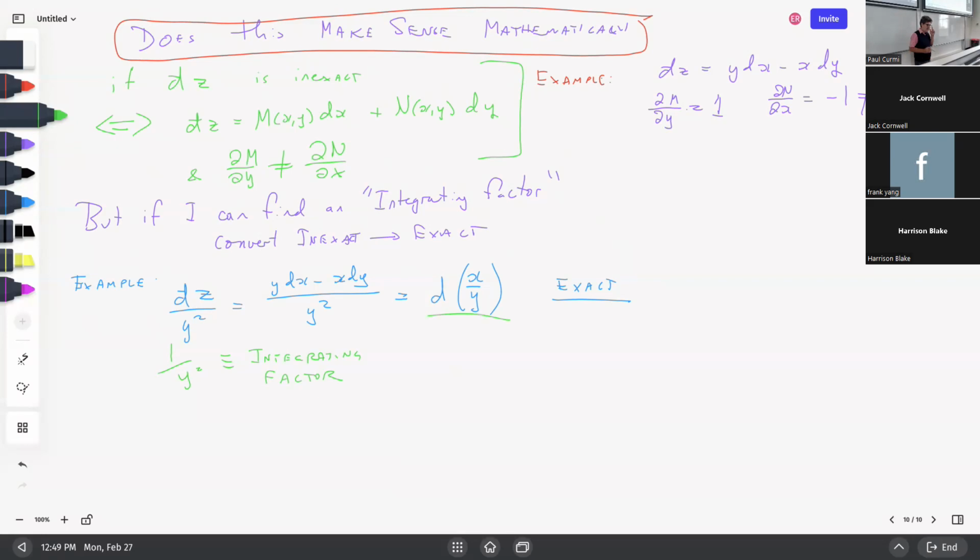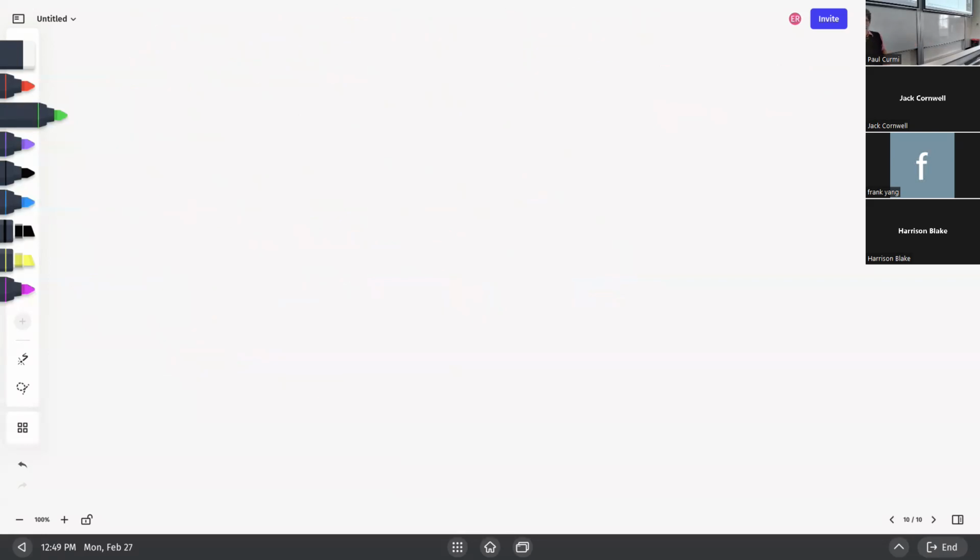Okay? So this is the mathematical concept of entropy. Entropy is what happens when you take heat and convert it to something exact by finding the appropriate integrating factor.